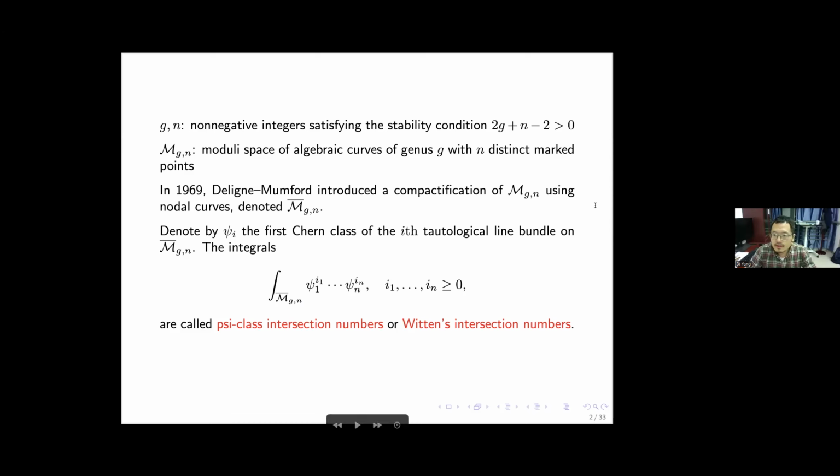In 1969, Deligne-Mumford introduced a compactification of this moduli space using nodal curves. We denote this compactification as MGN bar.